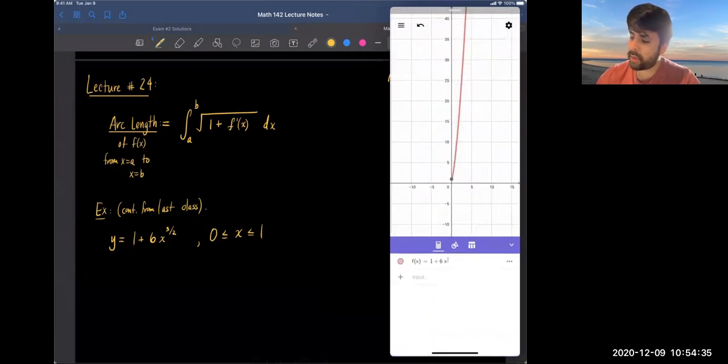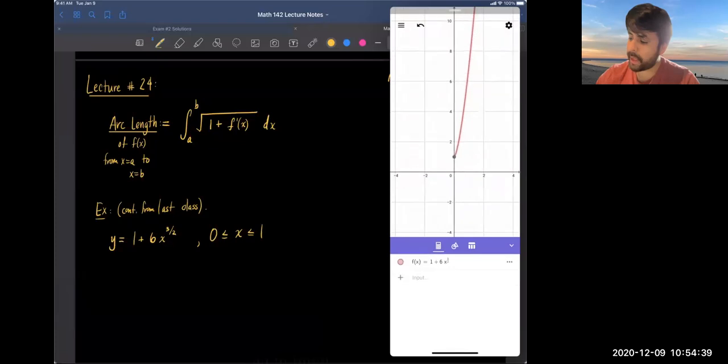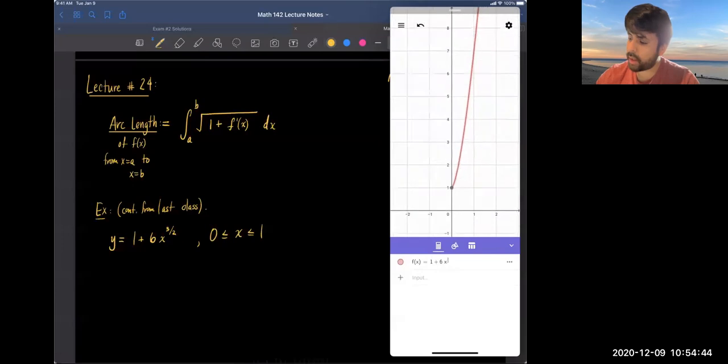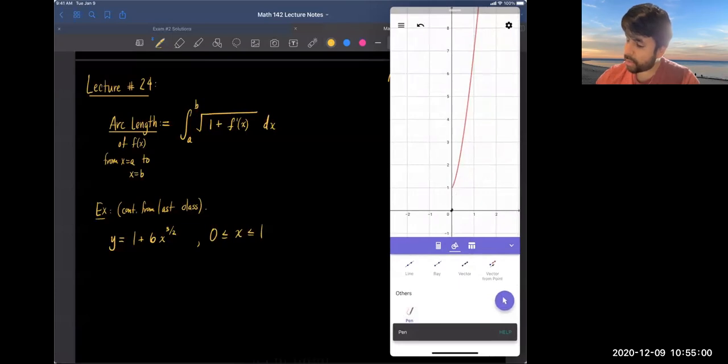So I just want to give you the visualization of this. This is my curve, you see? And I want to know what's the length of it from 0 to 1. What is this length here of this curve?